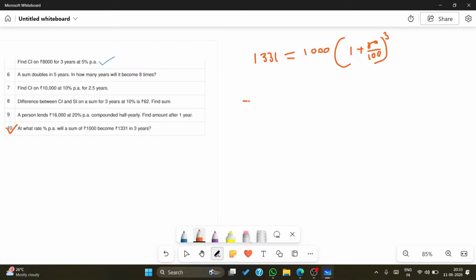Okay. Now we are going to find out r. So 1 plus r by 100 equals the cube root of 13310 divided by 10000.